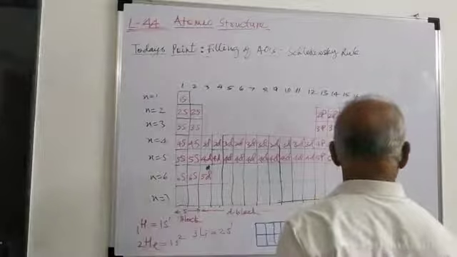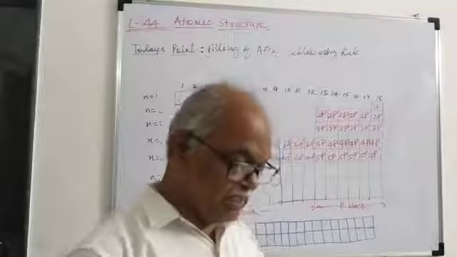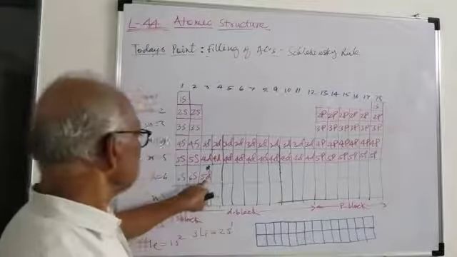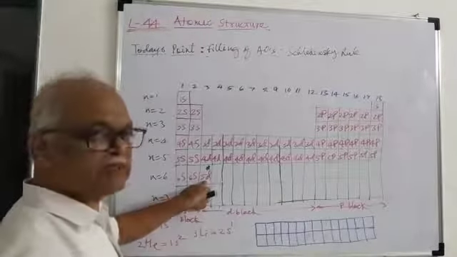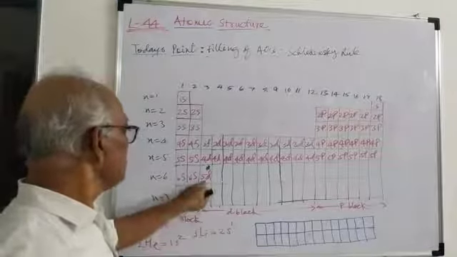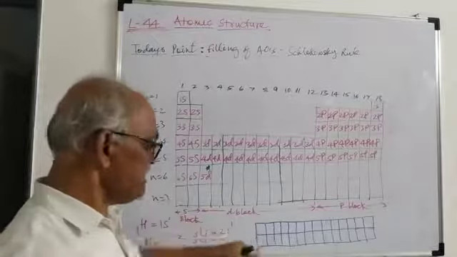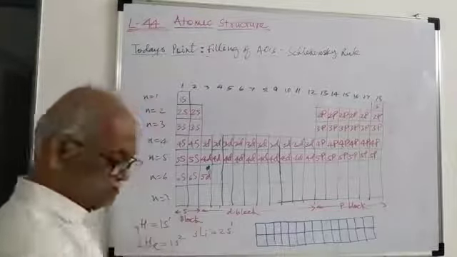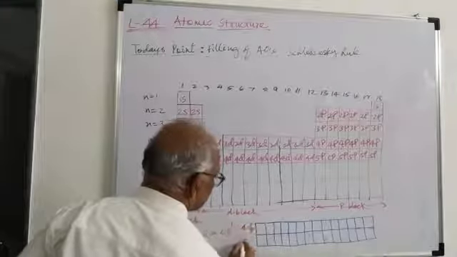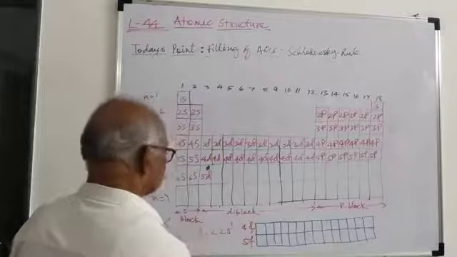So there are 14 boxes available for 14 electrons. Now for the element coming after 5d, after entering one orbital of 5d, the energy level of this 5d and the energy level of this 4f are close. This is 4f and this is 5f.